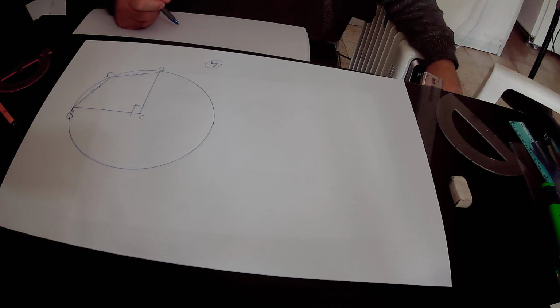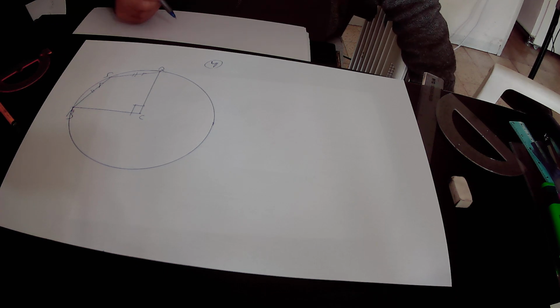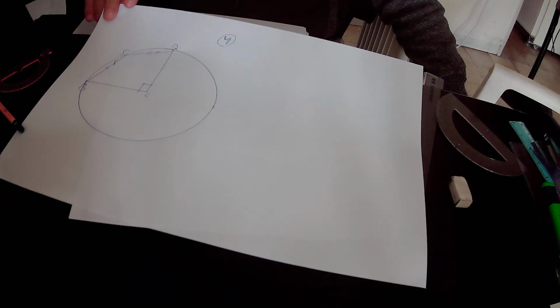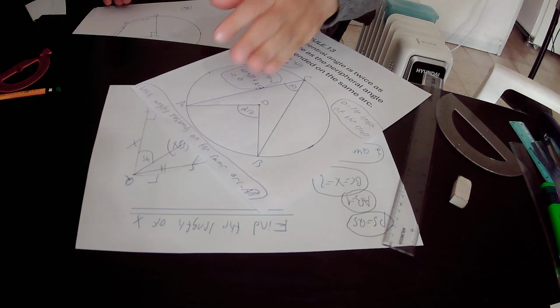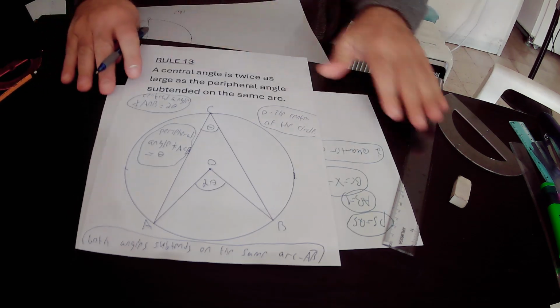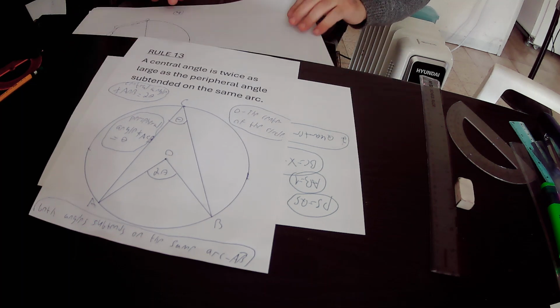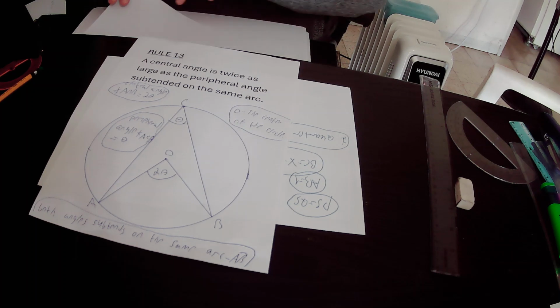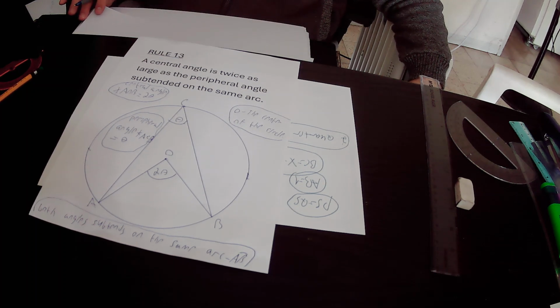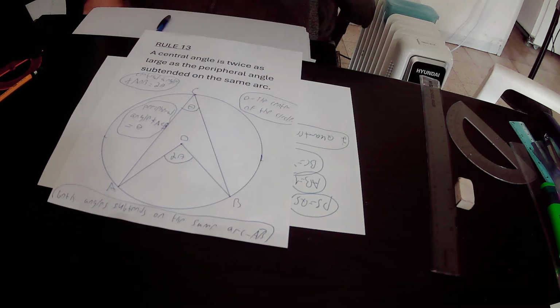So here I present to you a new rule, and we'll implement the new rule in our drawing. The new rule is rule number 13. According to rule number 13, the central angle is twice as large as the peripheral angle subtended on the same arc. So in the drawing we have a circle.